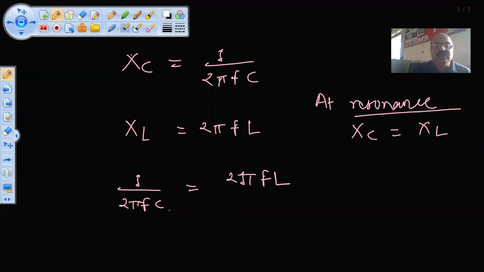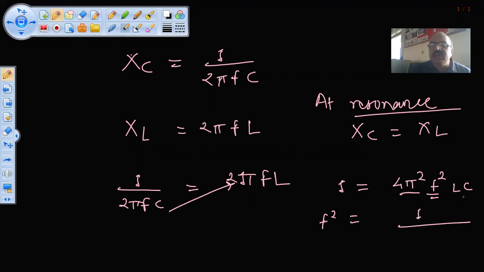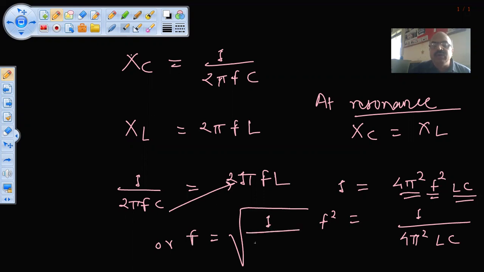Now I will take this side, so it will become 1 is equal to 4 pi square F square LC. Or F square is equal to 1 upon 4 pi square LC, or F is equal to under root 1 upon 4 pi square LC.